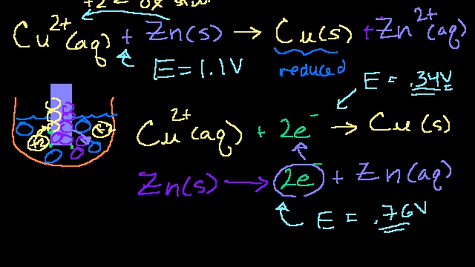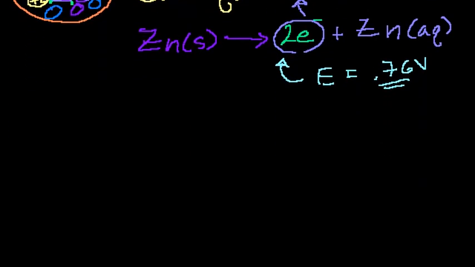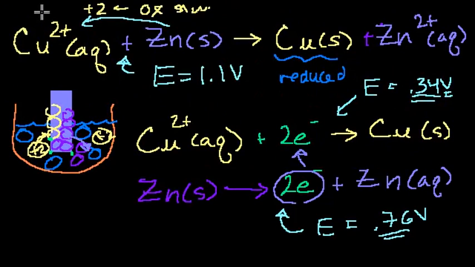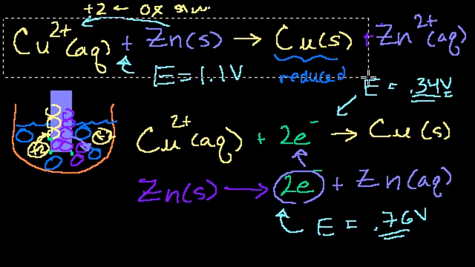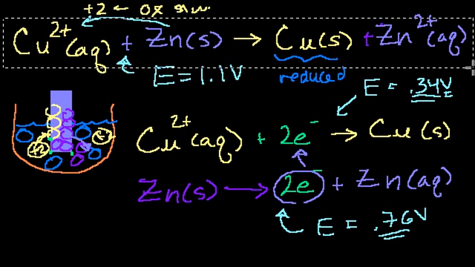So let's separate the two reactions. Let me put my zinc bar here, and I'll try to stay true to the colors that I used earlier. And let me put my copper bar there. Actually, maybe I should copy and paste what I wrote up here, just so we remember the reaction itself.